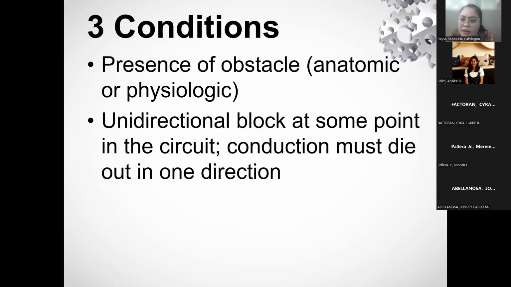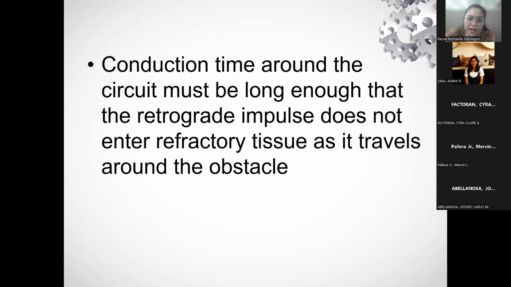Okay, so pwedeng may mga blockades somewhere in the circuit. Pwedeng unidirectional block, as long as there is a blockade in the circuit, magkakaroon ng problema, magkakaroon ng arrhythmia. So the conduction may die down, mamamatay yung impulse, no? Kaya hindi na siya nakadaan, mamamatay na lang siya. Hindi mo na siya magagamit with the fibers of your heart. Okay? Meron ding cases na since there is a problem with the tissue of the heart or the bundles or the fibers, paglabas ng isang impulse, nakaka-pass on siya pero it is slowed down.